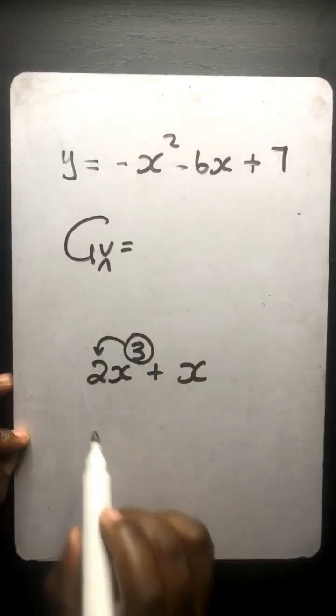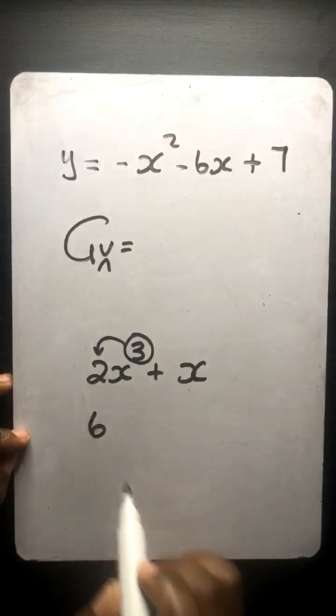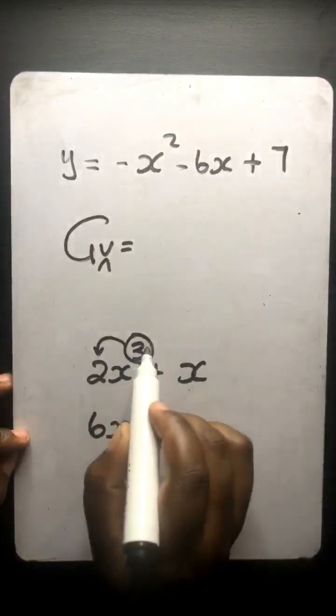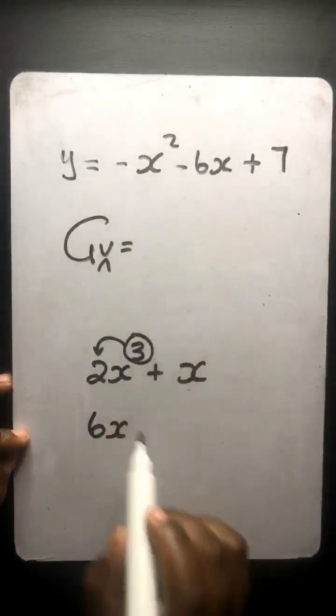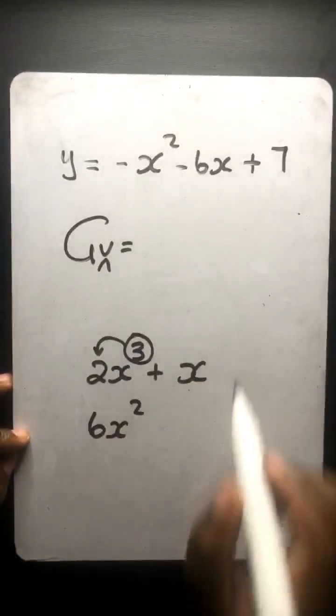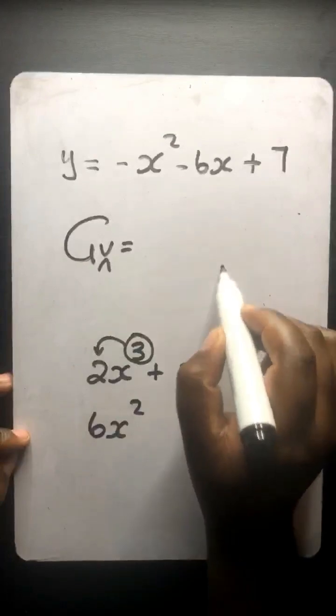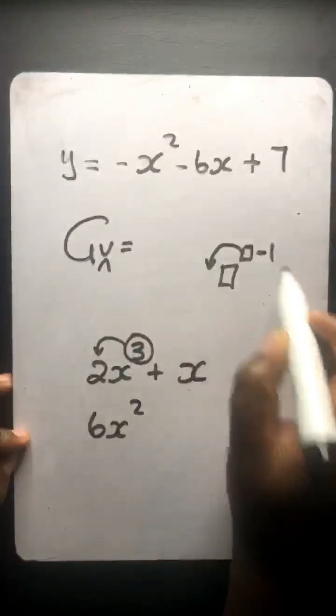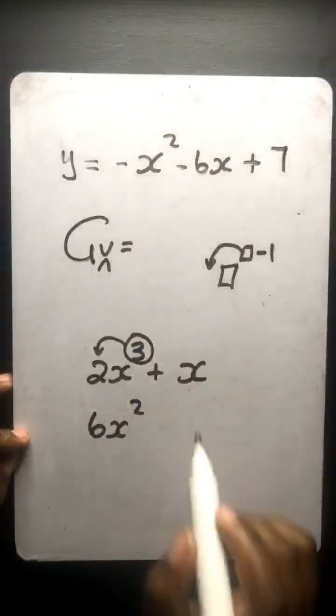What are you getting? You get 6. Then you write that x and you take this power and minus it by 1. What are you having? You have x to the 1. So that is the process: you take your power, you multiply the coefficient, and then you minus the power by 1. You do the same for every term.